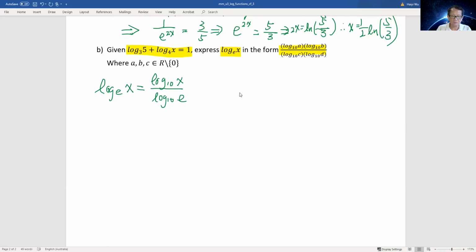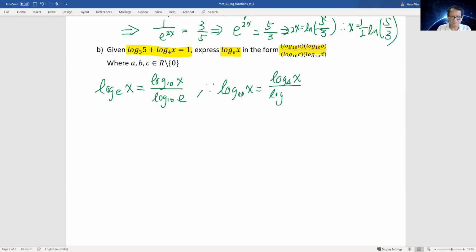So let's change, because of log base 10 of x, what I'll do is move this one, because we have a condition, log base 4, change to base 4 first for transition.